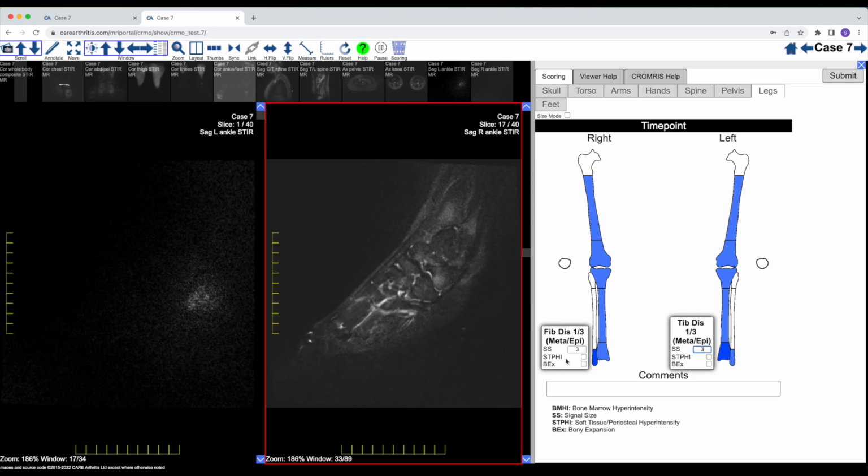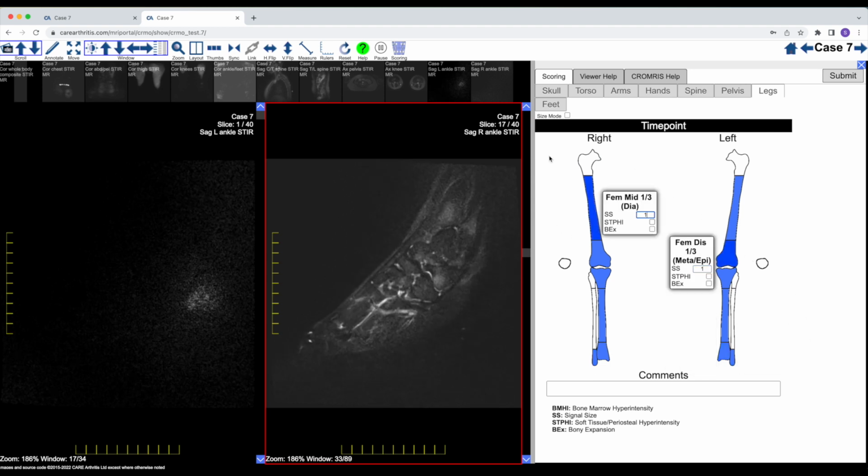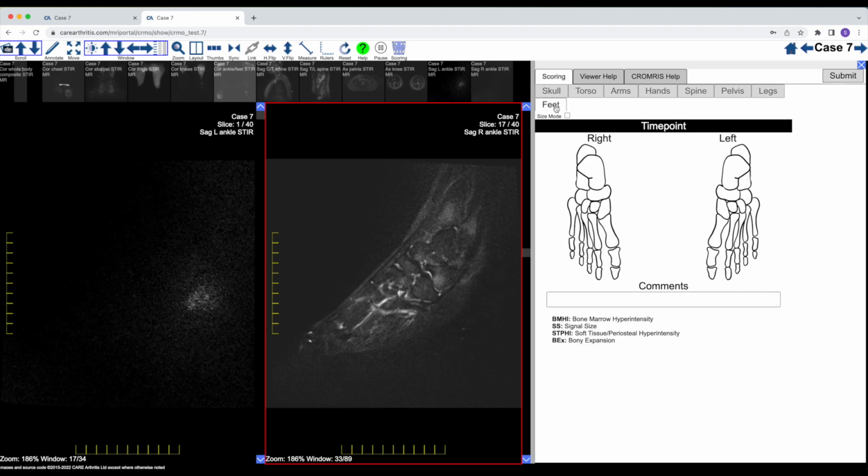Okay, so that covers the legs. It seems like there's a lot of disease in the legs. Let's take a look at the feet. And in the feet, we can see on this right side, it looks like we're getting some patchy edema in the hindfoot and midfoot.